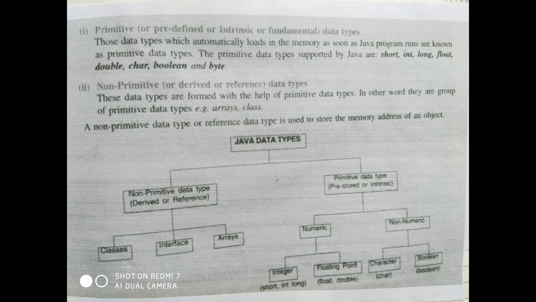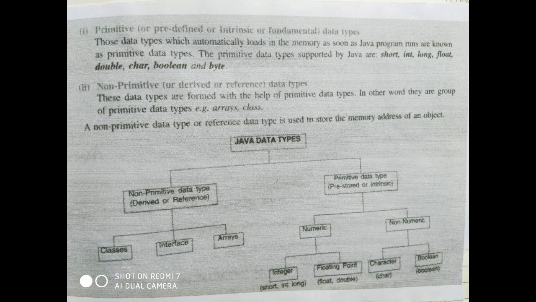Those data types which automatically load in the memory as soon as Java programs run are known as primitive data types. The primitive data types supported by Java are short, int, long, float, double, char, boolean and byte.